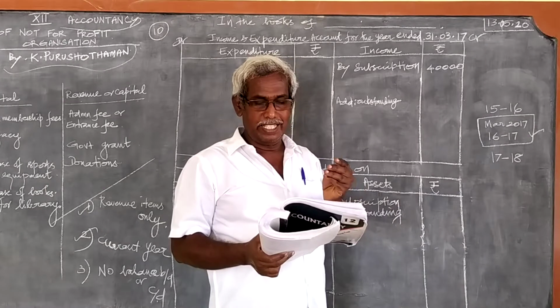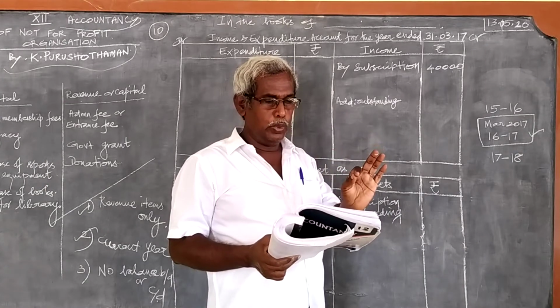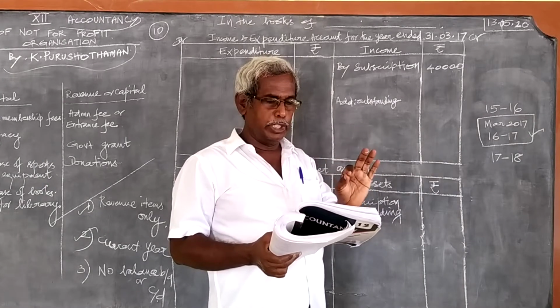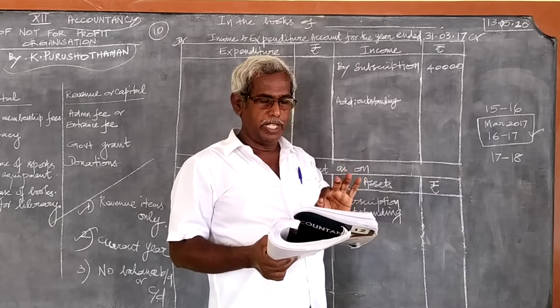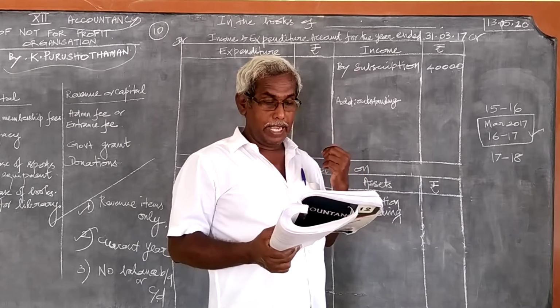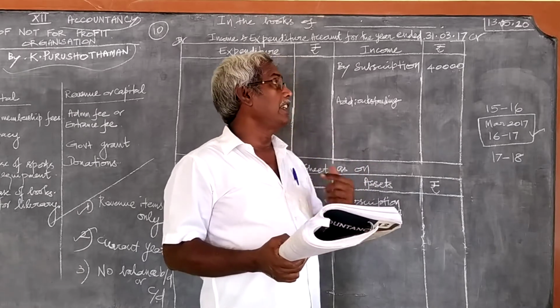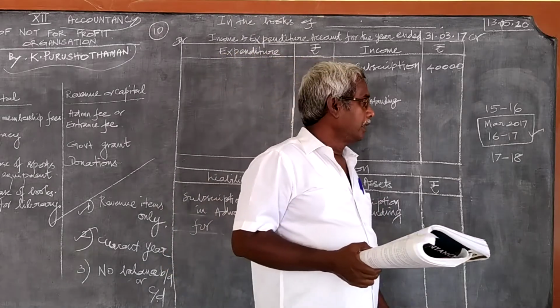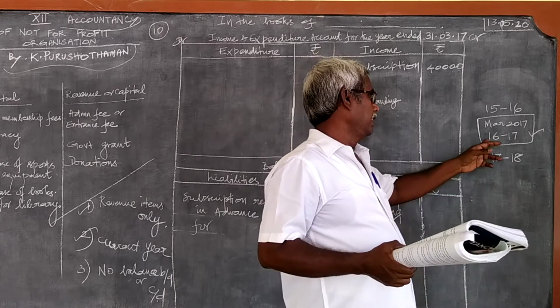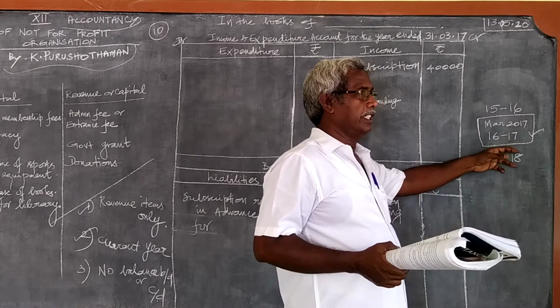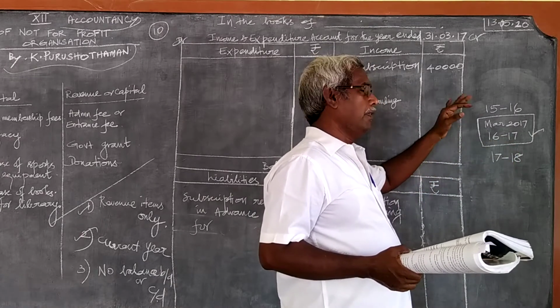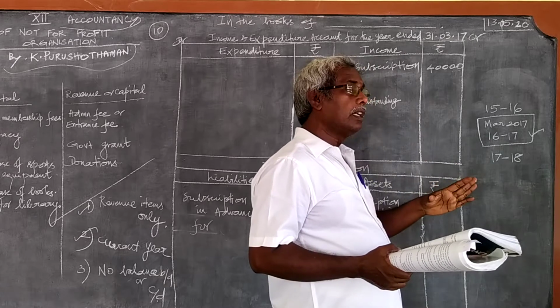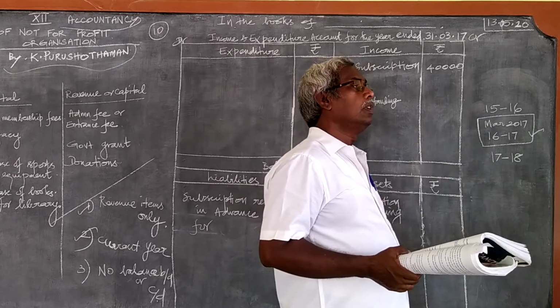Go to the second sentence. This includes subscription of 5,000 for 2015-16 and 3,000 for 17-18. What do they try to say? The amount actually received in this year 16-17, this total 40,000, is not for this year alone.